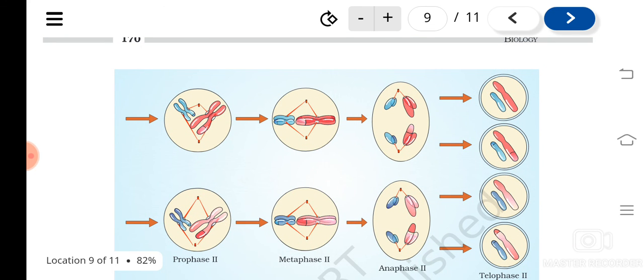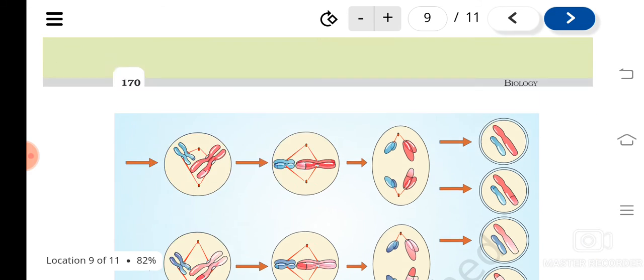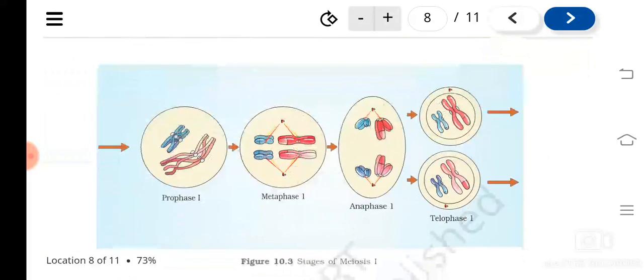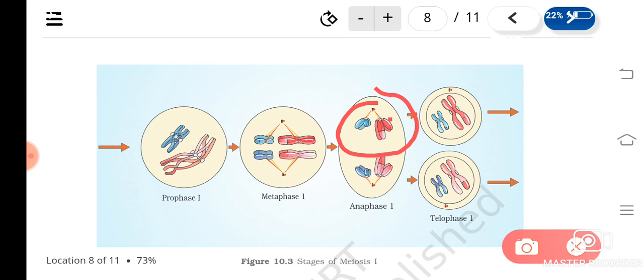So in meiosis 2 you can see the longitudinal splitting of each chromosome, but in anaphase 1 there is no longitudinal splitting. So the chromosome number is getting halved there. Because one cell will get only half of the chromosomes and the other will get the other half.